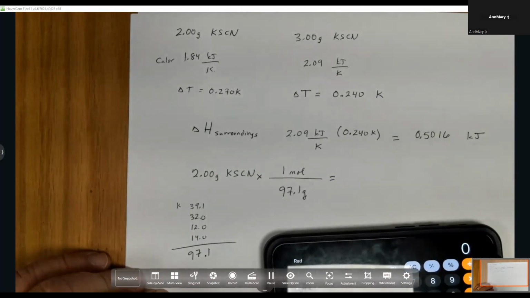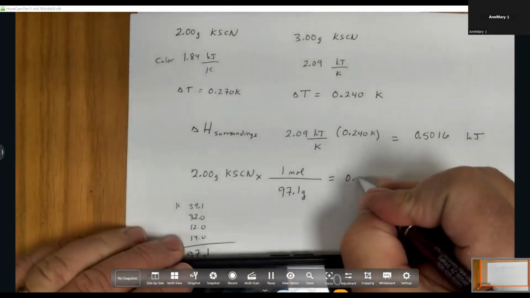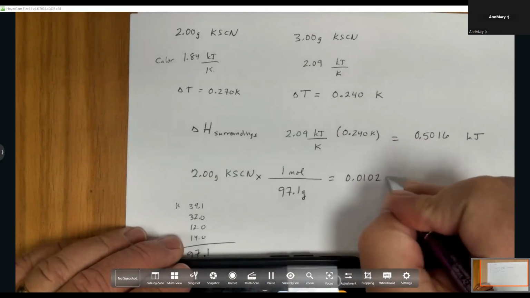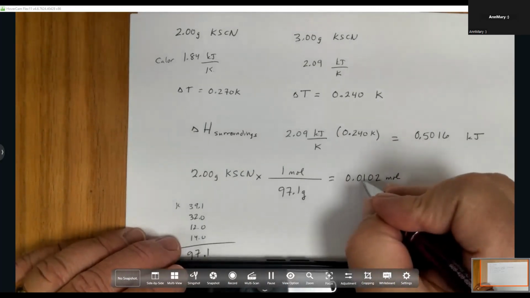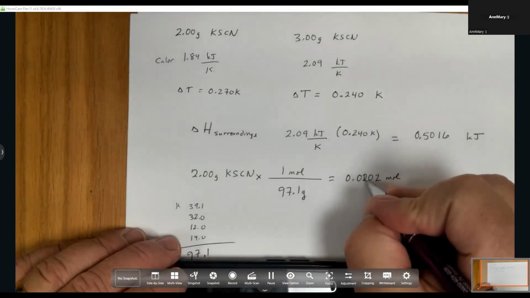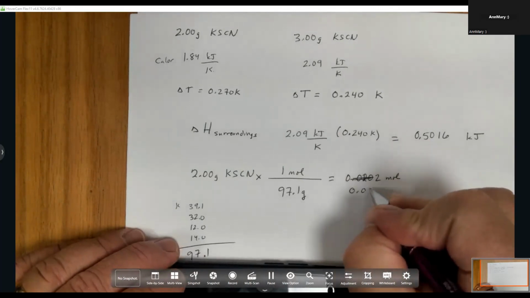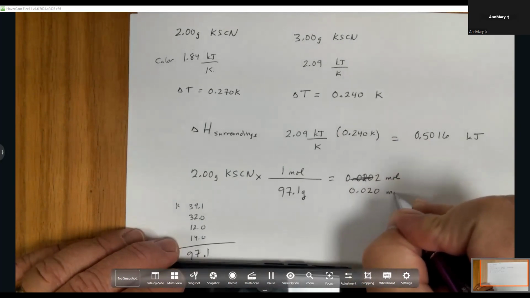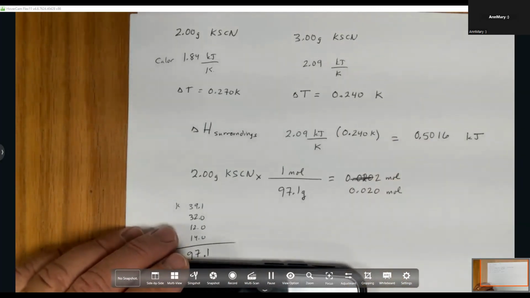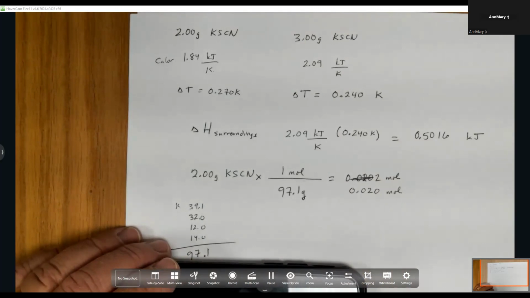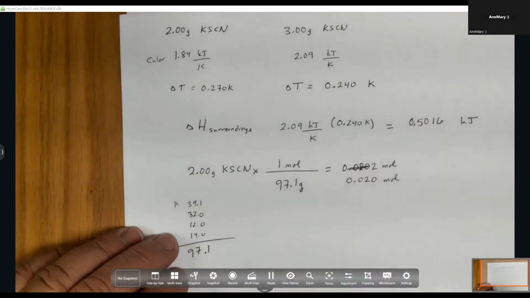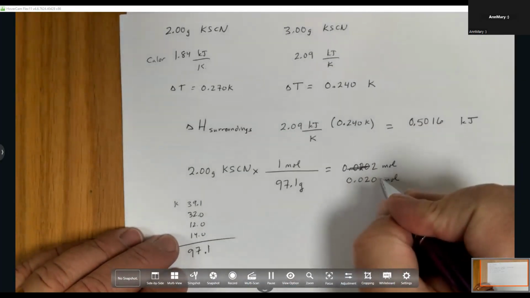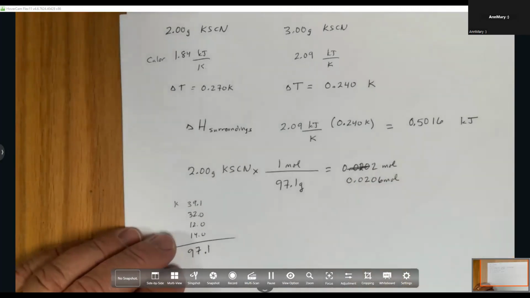That gives us 0.020. Does that look right? We got 0.0206.